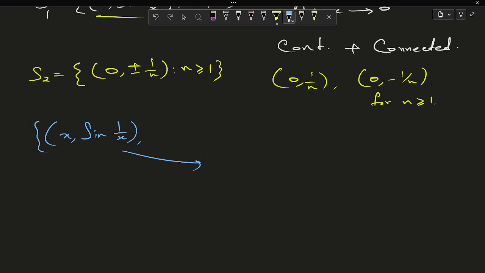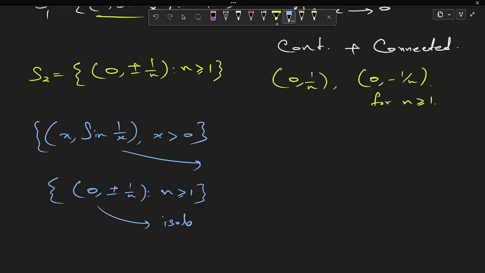Now the points on the y-axis are isolated.